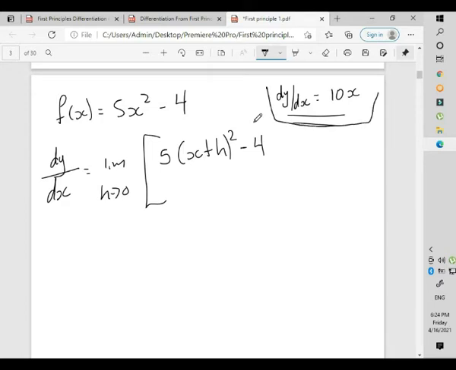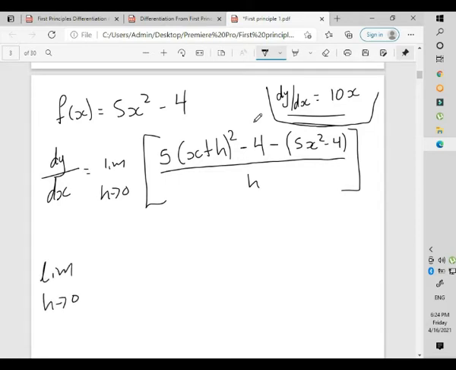Now, like I outlined earlier on, you put back the negative sign. And what is f of x? It's 5x squared minus 4. Close my bracket, and this is all being divided by h. Alright, so I'm just going to say the limit as h approaches 0 is going to be 5.